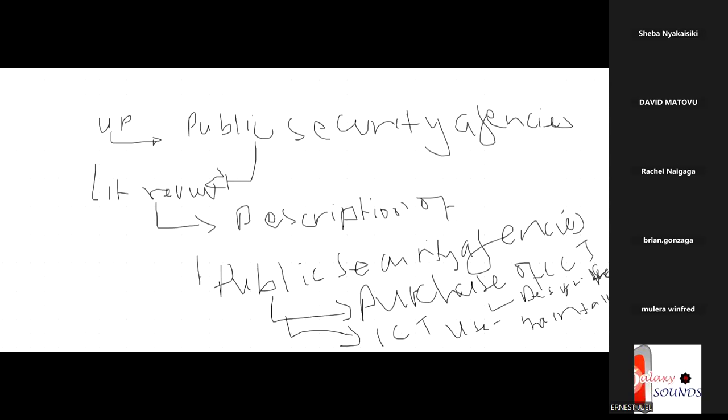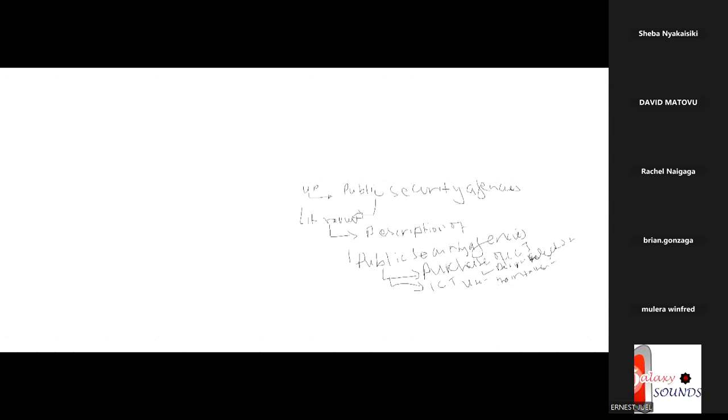Then she's going to give us a description of how they dispose of ICT. This is all from literature review. What is she doing? She's giving us a generic description of what normally happens in public security agencies.